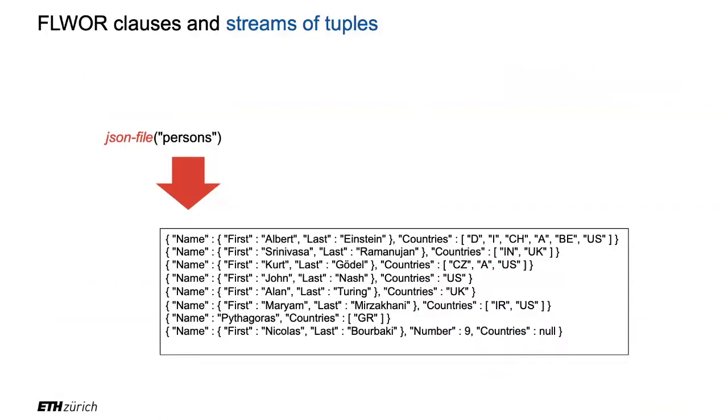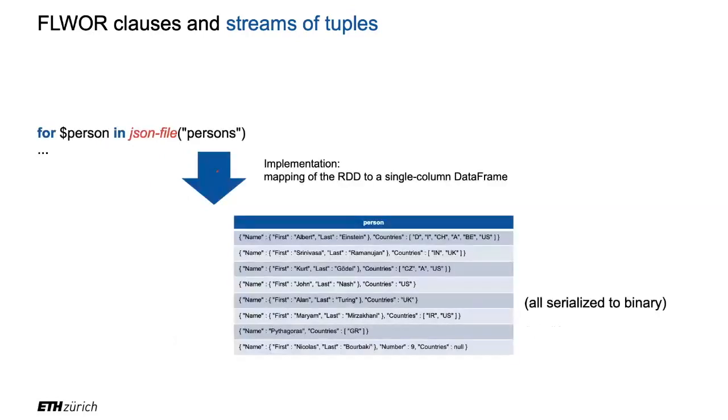So what happens in order to implement this is that if we have a JSON file, we create an RDD, right? If we have an iteration, it's heterogeneous. So what we do is that we squeeze that RDD into a data frame with a single column. That column corresponds to the variable. Generally, we have one column for every variable in the flower. And then we just serialize it to binary.